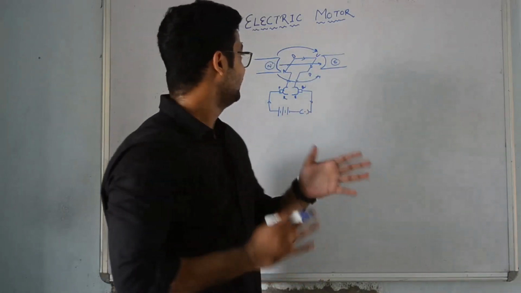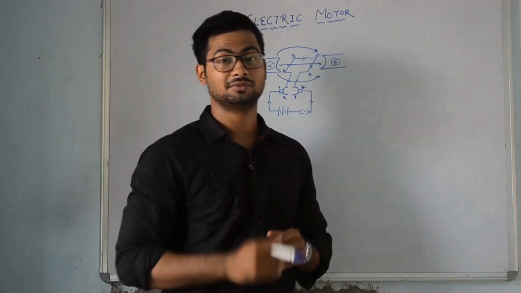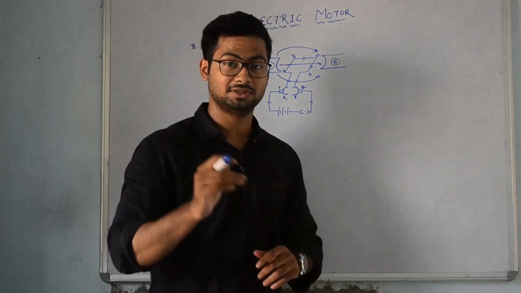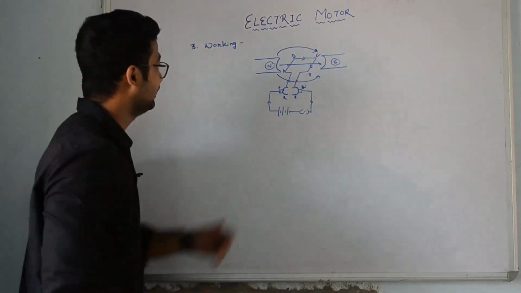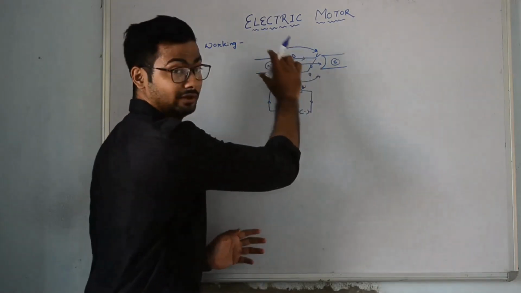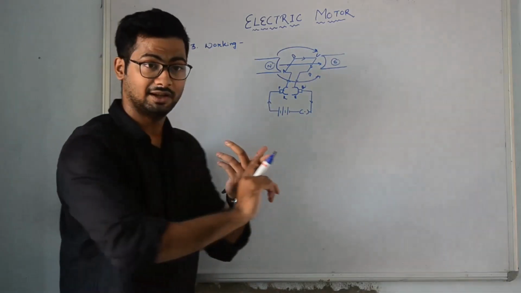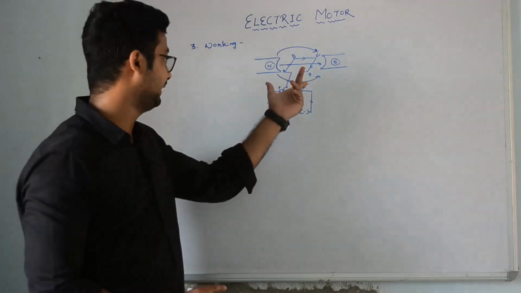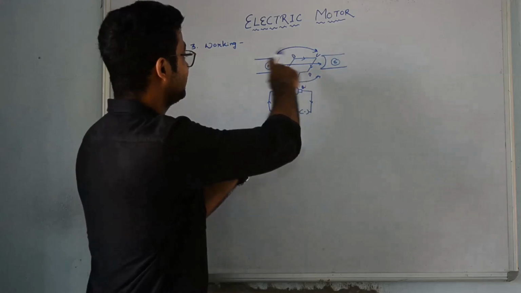Now what rule can we use here to determine how the coil will start rotating? That rule, which we have discussed earlier, is Fleming's left hand rule. According to Fleming's left hand rule, if current is going from A to B in this segment of the coil, let us place our first finger in that direction, which is into the plane, and the direction of magnetic field is from north to south pole.